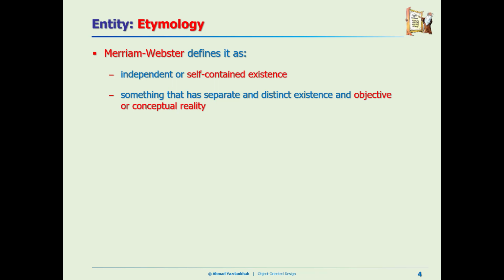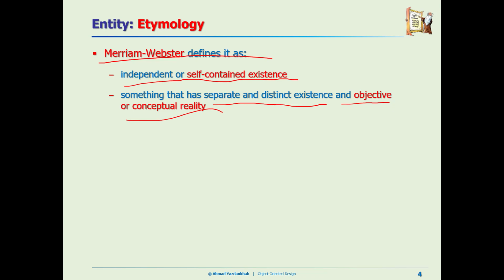So here is the Merriam-Webster definition of entity. It is independent or self-contained existence. Something that independently exists in this universe, right? Another definition is something that has separate and distinct existence, an objective or conceptual reality.